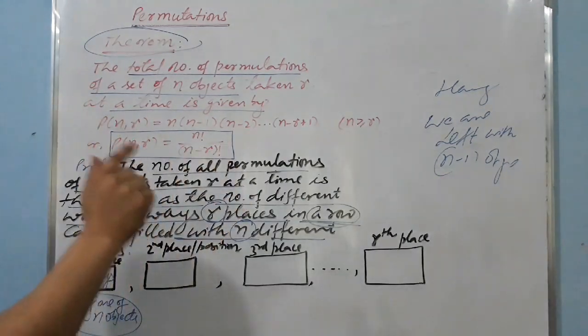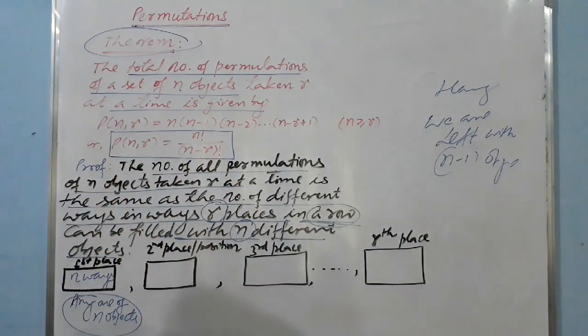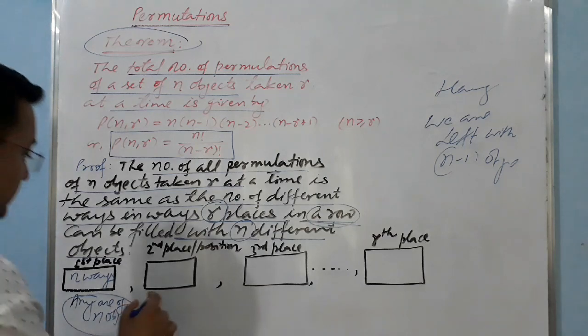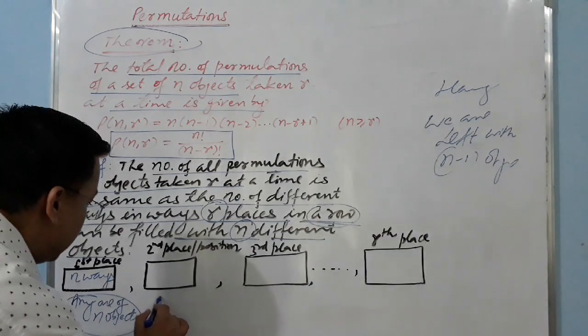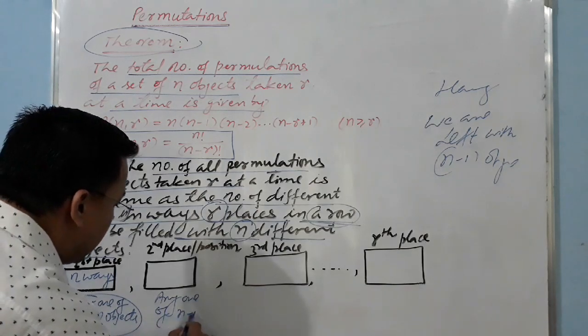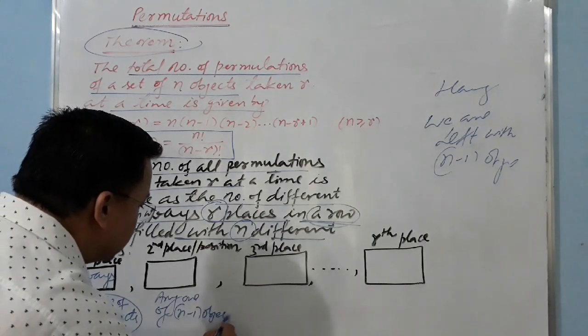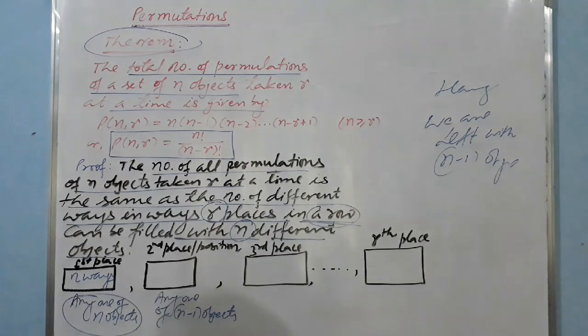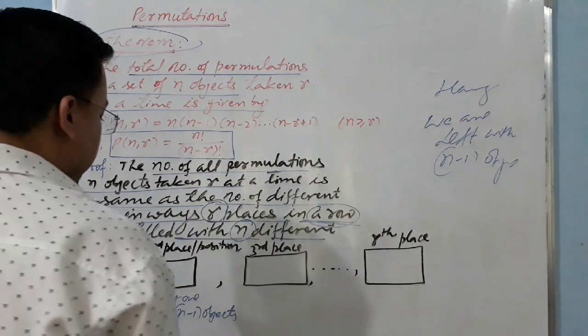So having filled up the first place, we are left with n-1 objects. So here we can use any one of the n-1 objects.